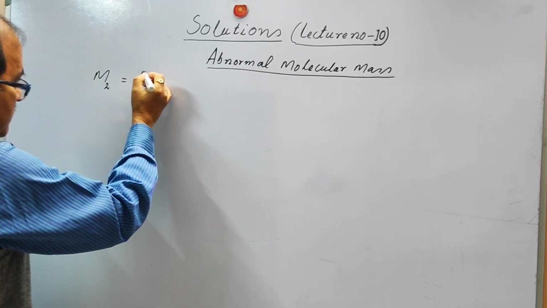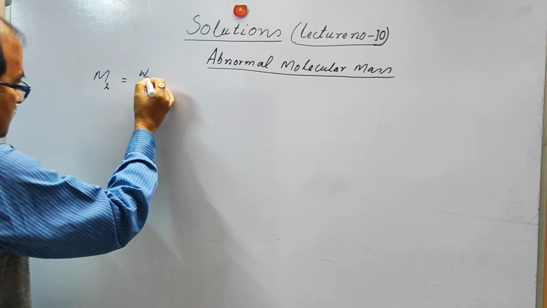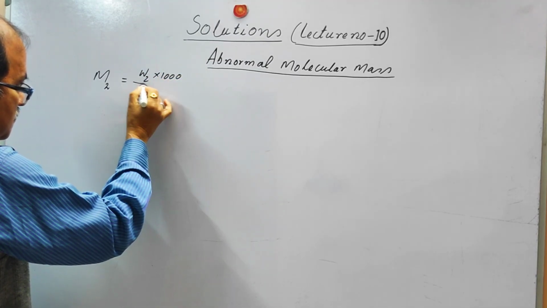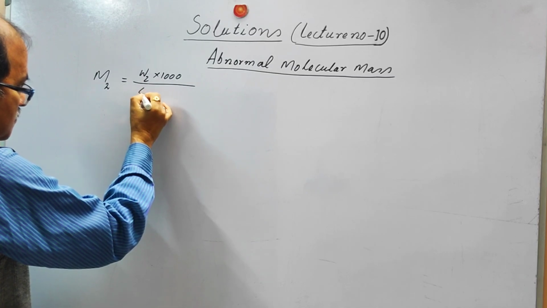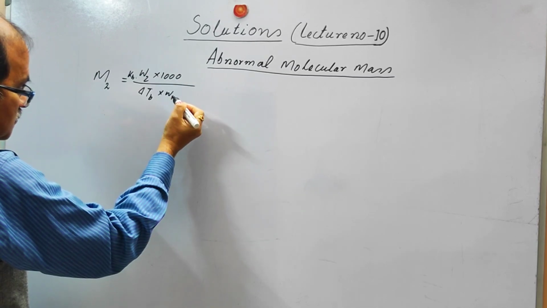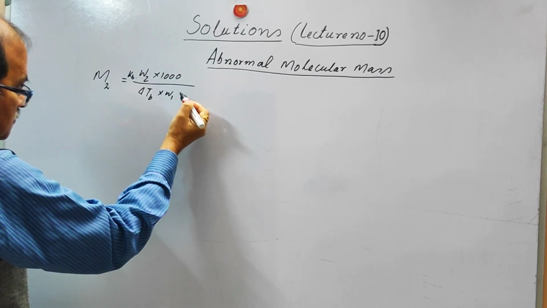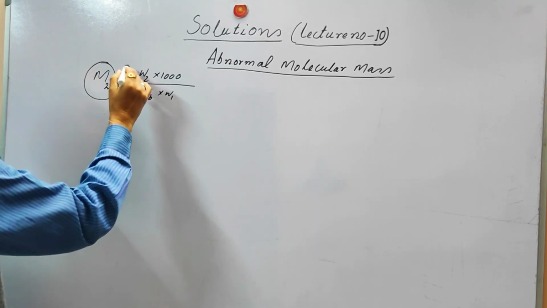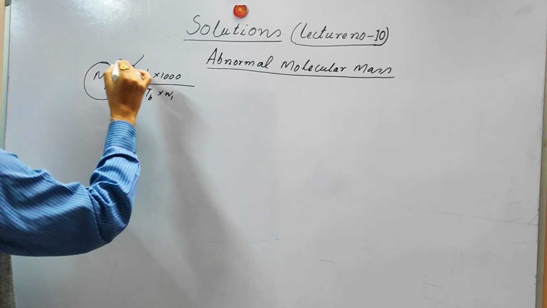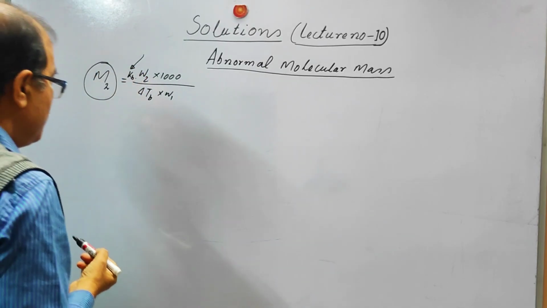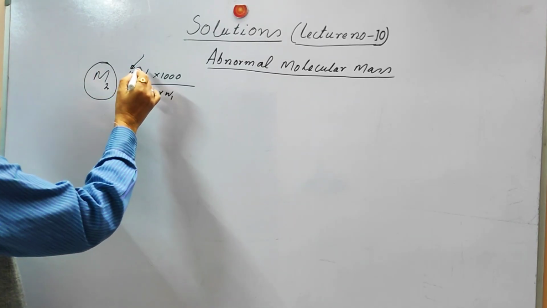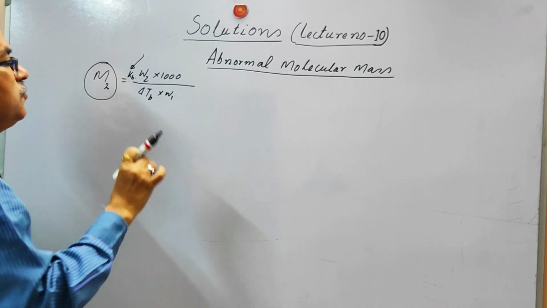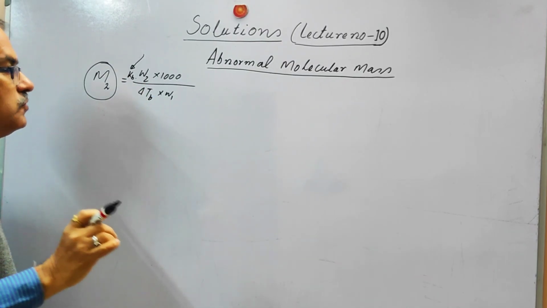So we can equate this. M2 is the molar mass, Kb is the boiling point elevation constant, and W2 is the amount of the solute put into this solution.